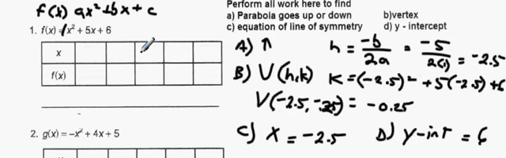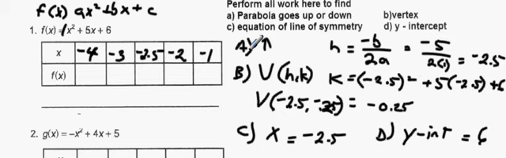So I'm going negative 2.5, and then I'm going to go to the left and to the right. So I'd go negative 3, negative 4, and then negative 2, negative 1.